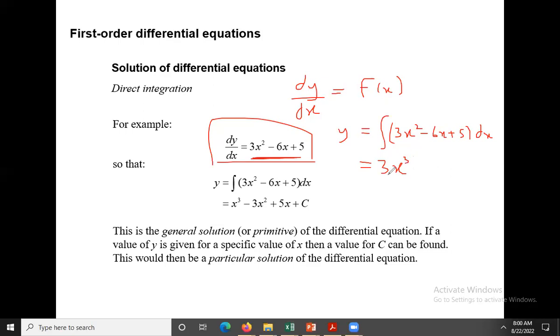Integration means you add to the power and divide by the corresponding power. Minus 6x, you add 1 to the power, so this will be 2, and divide through by 2. Then the next one will be 5x, then you add a constant of integration, which is C.